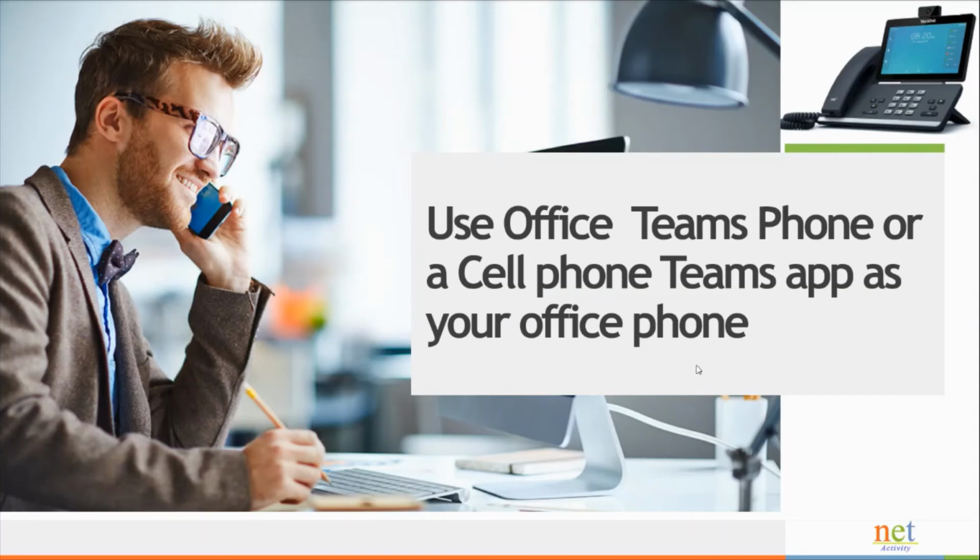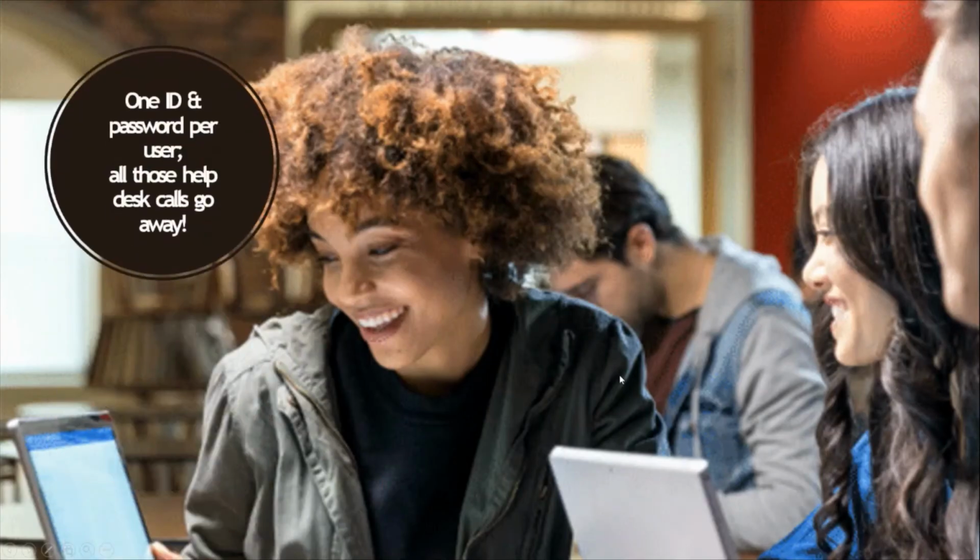So the receiving person sees your office number when you're making a call from your cell phone. So the concept being one user, one password, that eases the burden on the end user, and hence the number of phone calls which come to help us go away.